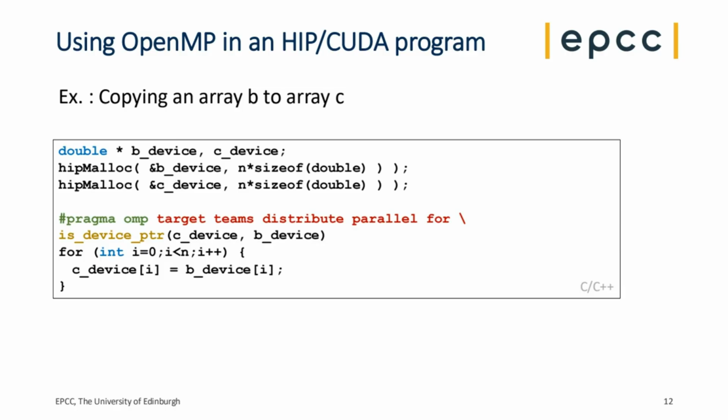So we're allocating double arrays of size n called B_device, C_device. And now we go into our OpenMP target region, and we're making it clear to OpenMP that C_device and B_device have already been allocated, and they already exist on the GPU.